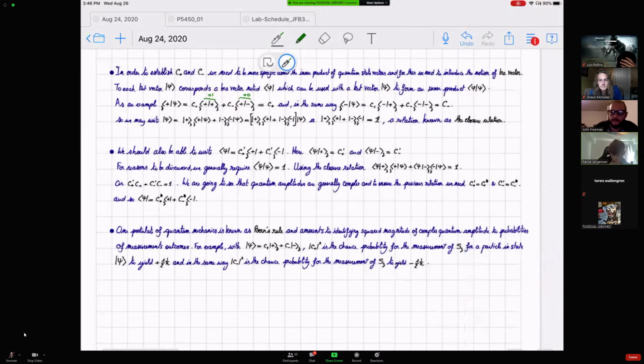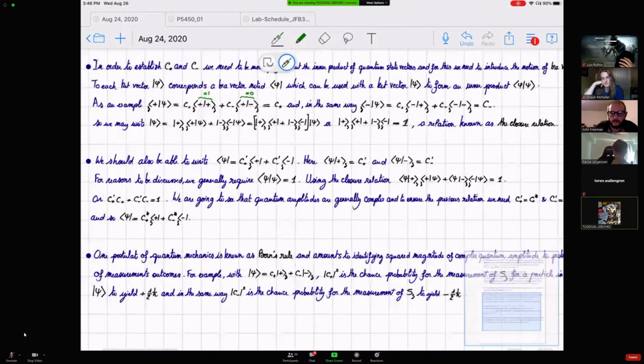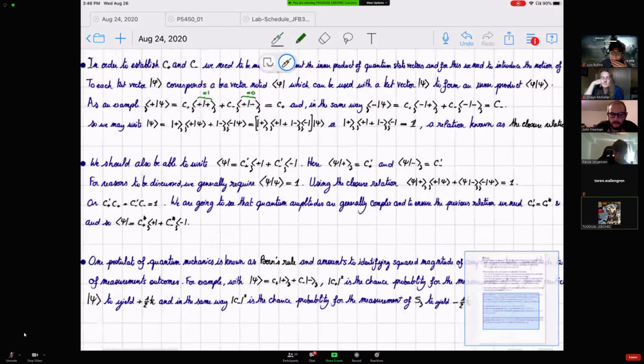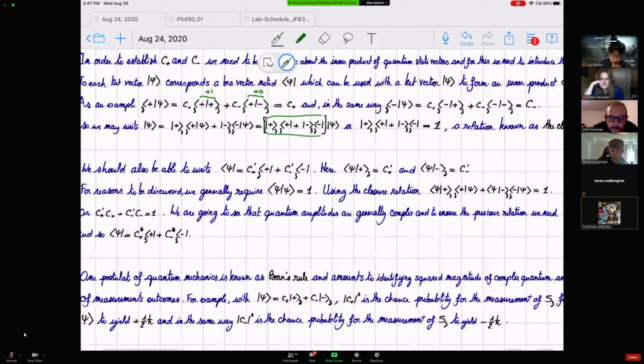Go ahead, Pierce. Why does it equal 1 and not 2? Because you see, I have this thing here multiplying psi, and the result is equal to psi itself.